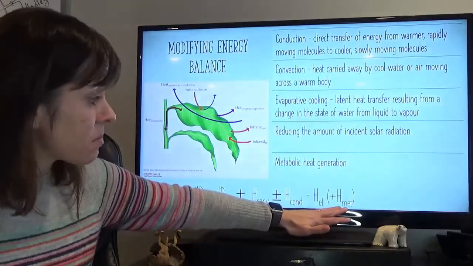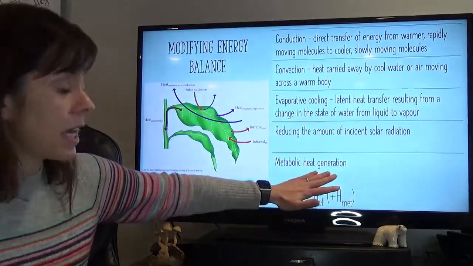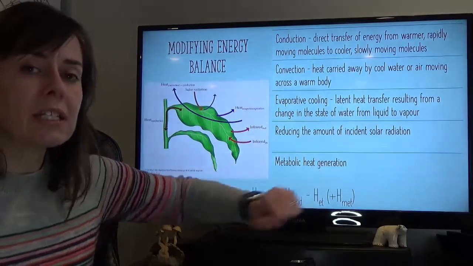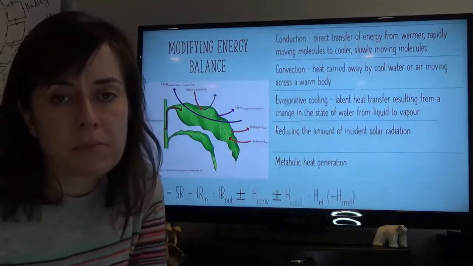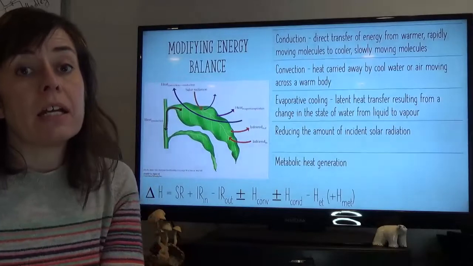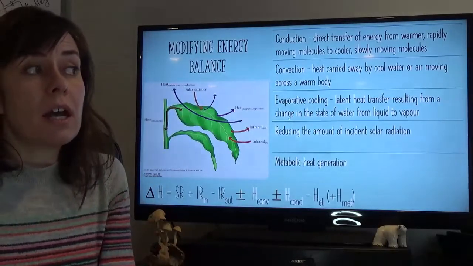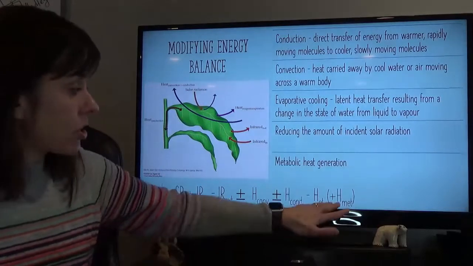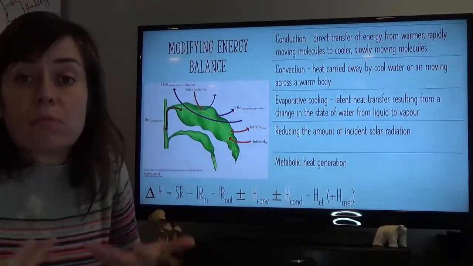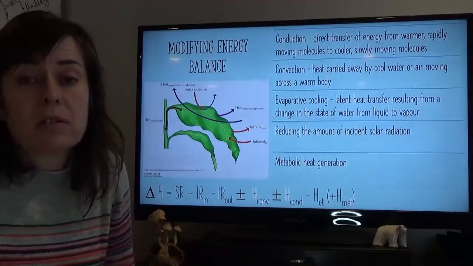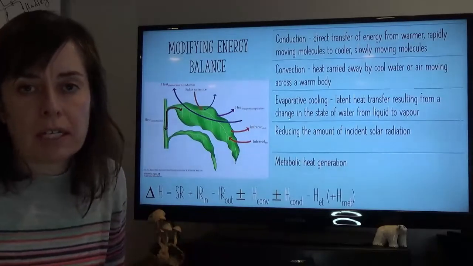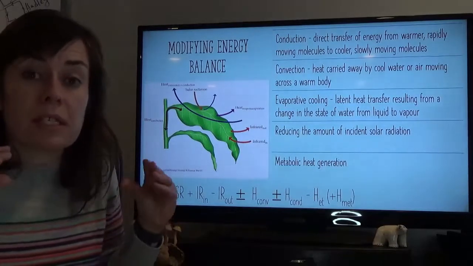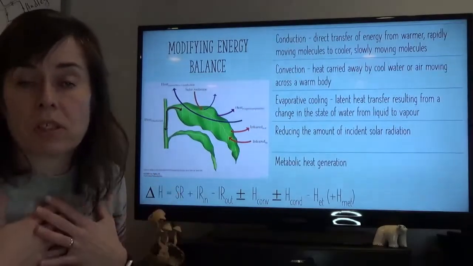And then finally, there's metabolic heat generation in animals. We'll get into this when we talk about endotherms and ectotherms. Endothermic animals actually generate heat to maintain their body temperature, so they use metabolic activity to generate heat and maintain their body temperature within a fixed range of temperatures. We're an example of that.